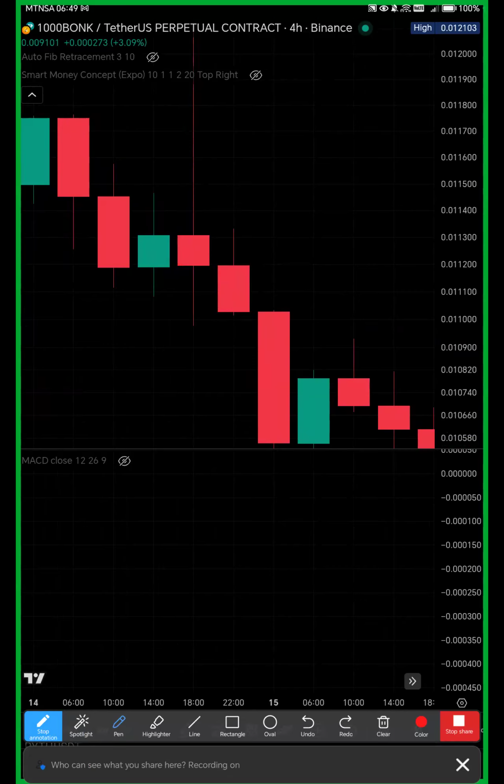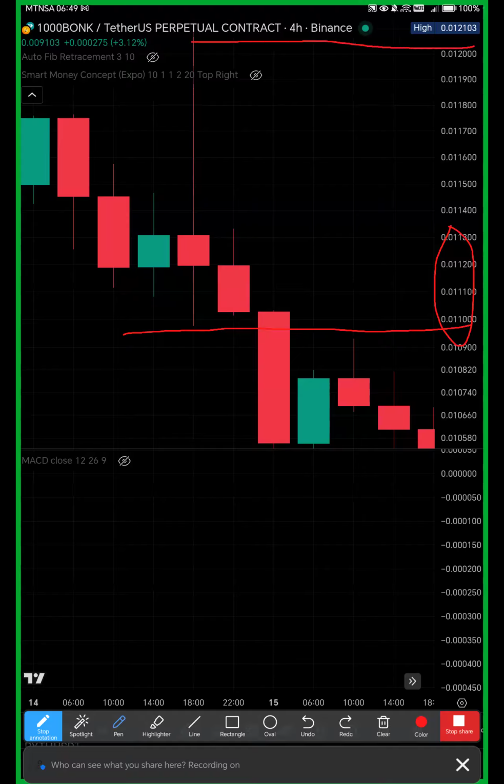Now, what is the significance? If you are to draw a line here, going this side, you see that there is a price of this asset. While on top here also, if I draw a line there, there is a price on this other side.